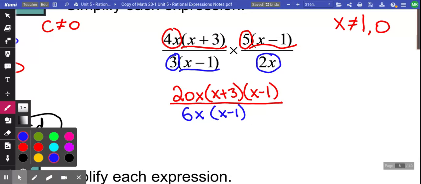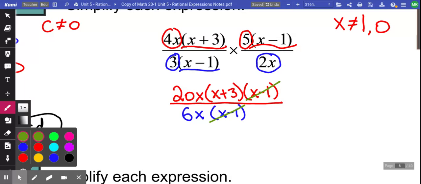And the reason we didn't want to expand and actually multiply those binomials together is because the only way I can simplify things is if I'm factored out, because I have to cancel entire binomials with entire matching binomials like that. Where if I had multiplied together, I wouldn't have those x minus 1s to cancel anymore.